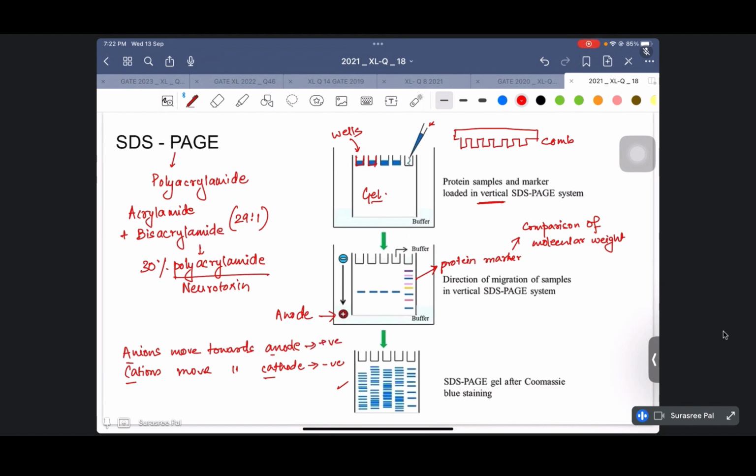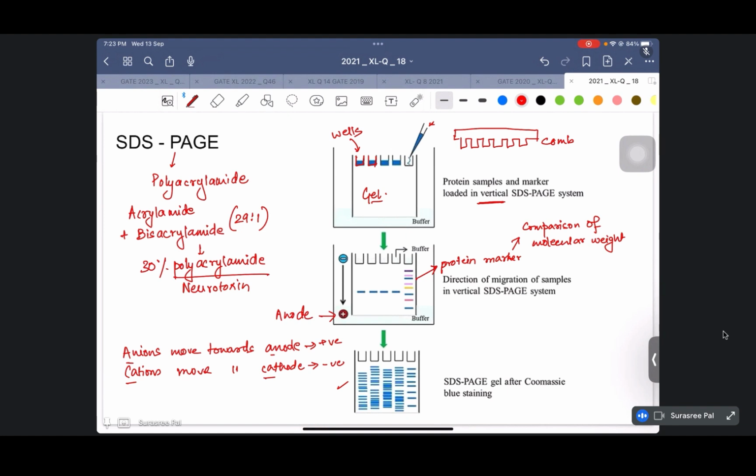Never forget this, because often we face this confusion, especially in exams. Remember that cations always move towards the cathode, so if cations are moving towards something, that should be negative. That is why the cathode is negative and the anode is positive.